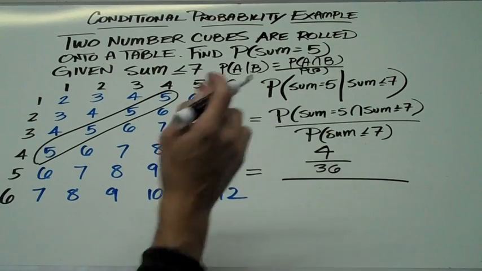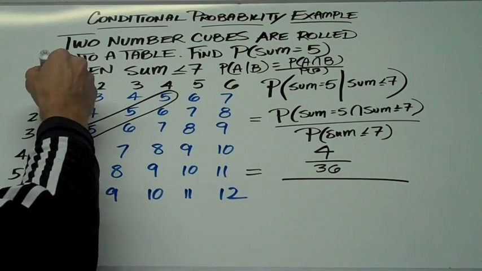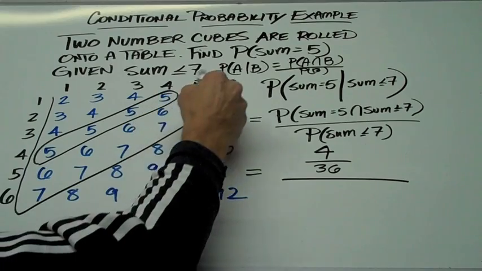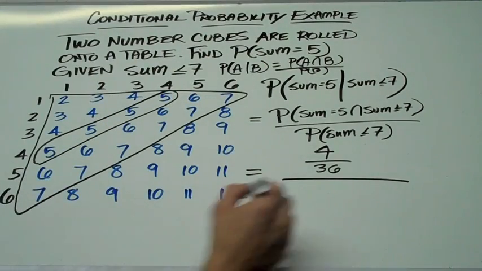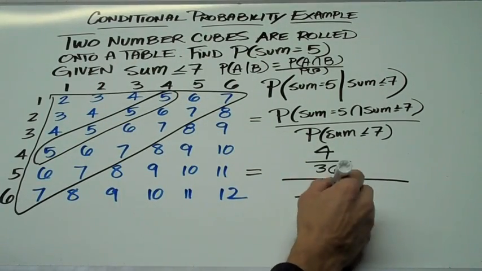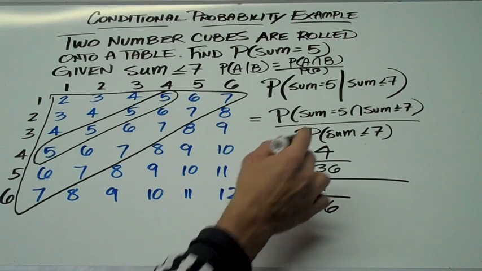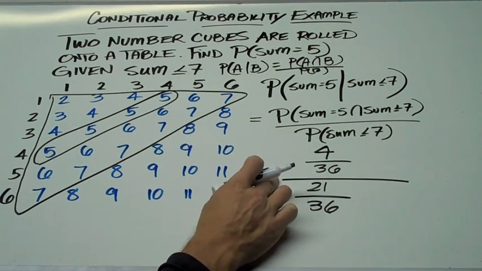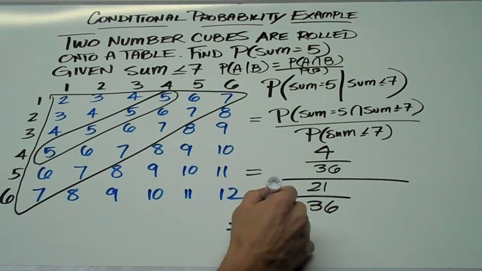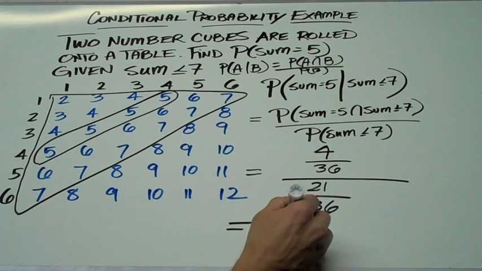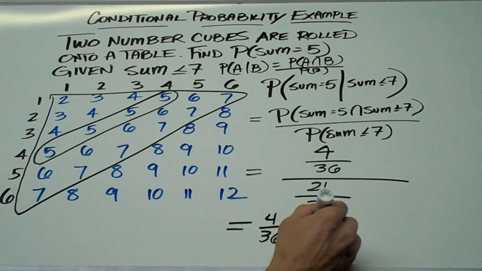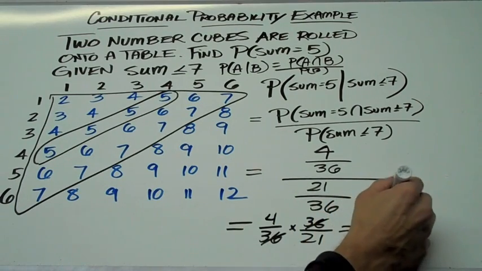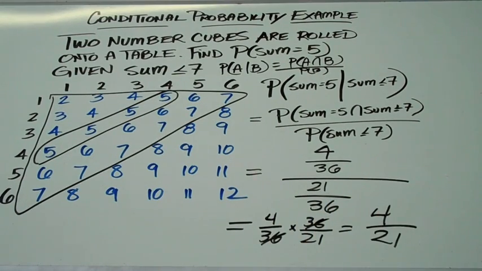Divided by, well, what is the probability the sum is less than or equal to 7? It's all of these ones here. How many are there? There's 21 out of 36. When I divide, I can multiply by the reciprocal, and I'll get 4 over 36 times 36 over 21. Those will cancel. I get 4 out of 21. And that is the correct answer to this conditional probability problem.